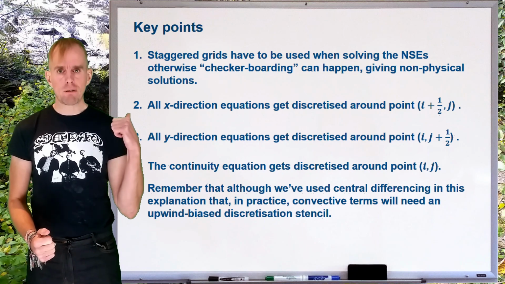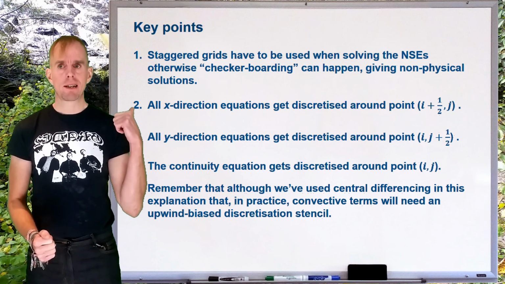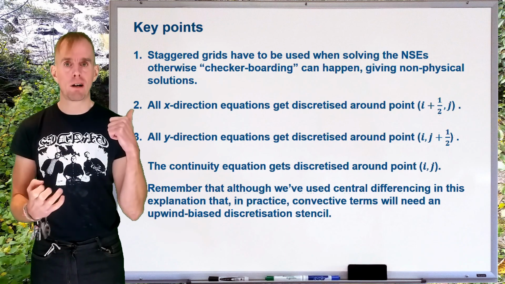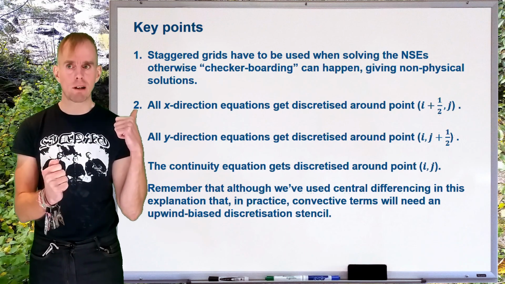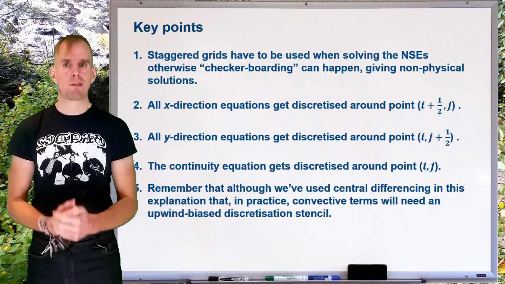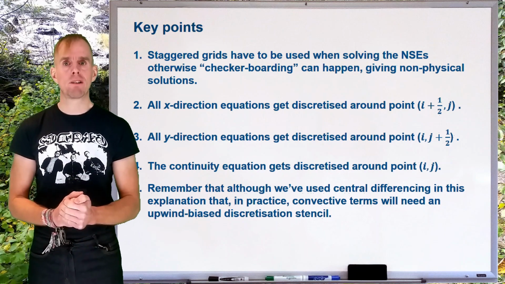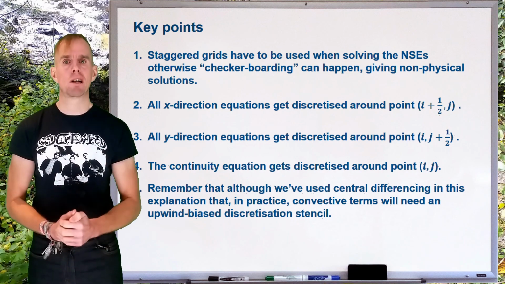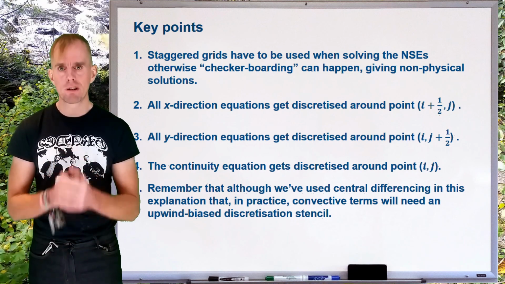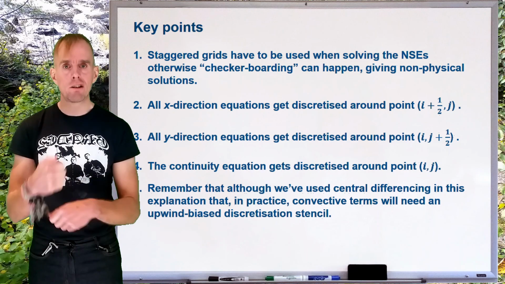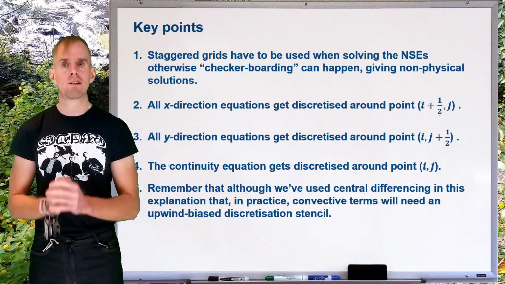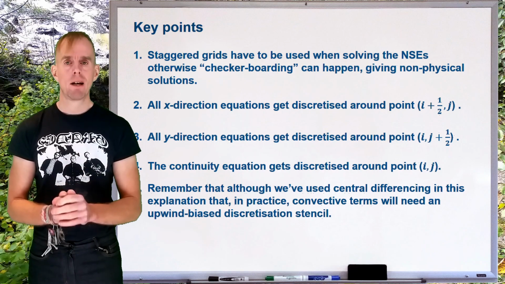So all x direction Navier Stokes equations get discretized at points that are similar to i plus a half, j, a halfway node in the x direction. All y direction Navier Stokes equations get discretized at a node that is halfway in the y direction, for example, i, j plus a half. Continuity, which ends up being intimately involved in pressure correction and pressure calculation, gets discretized at point i, j.